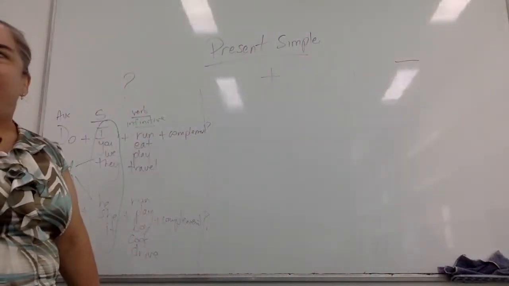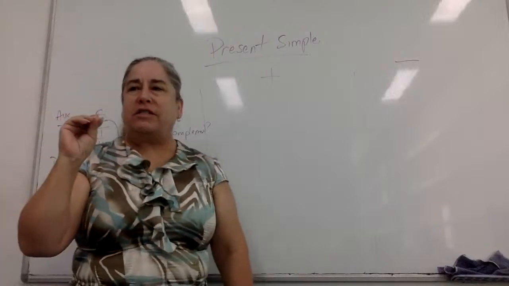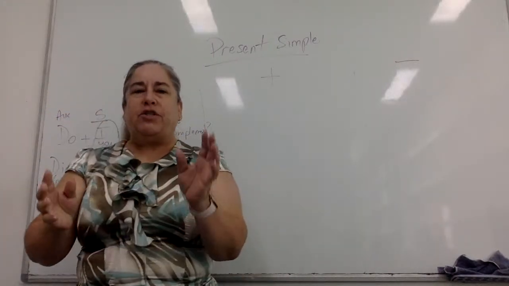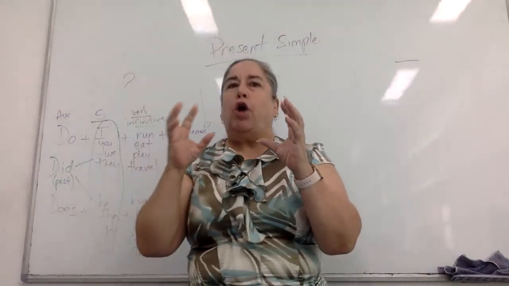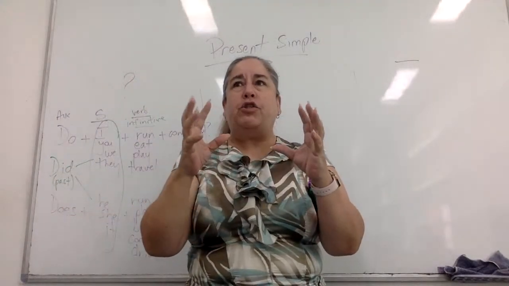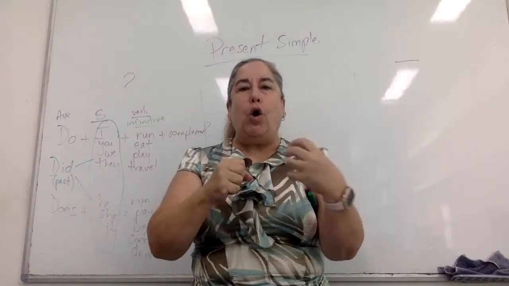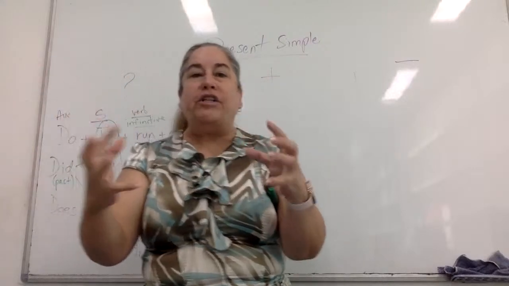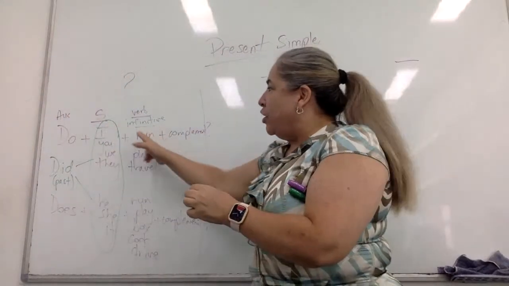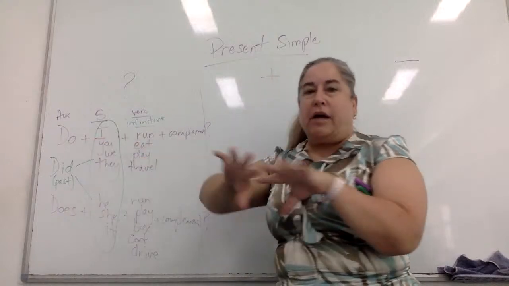So in the present, it's going to change a little because in the present, I'm going to conjugate, we call it. We're going to connect together, to link our auxiliary and our verb. They're going to come together. Here, you can see that the auxiliary and the verb are separated.